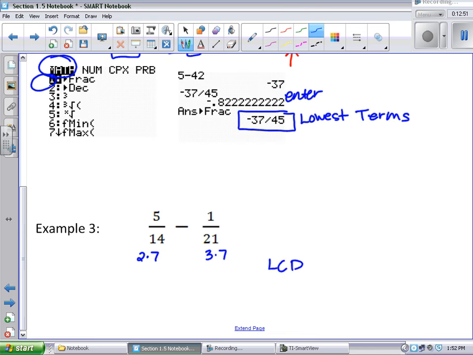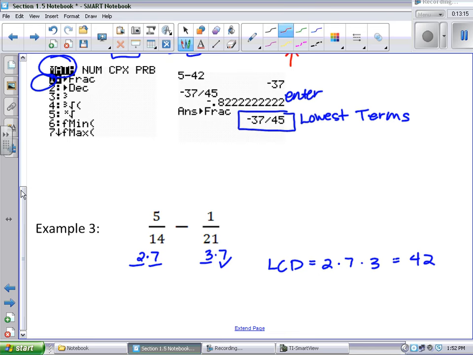Lowest common denominator. We need a factor of 2. We need a factor of 7. We need a factor of 3. We already have one factor of 7, so we don't need another one. Our lowest common denominator, 2 times 7 times 3, is 42.